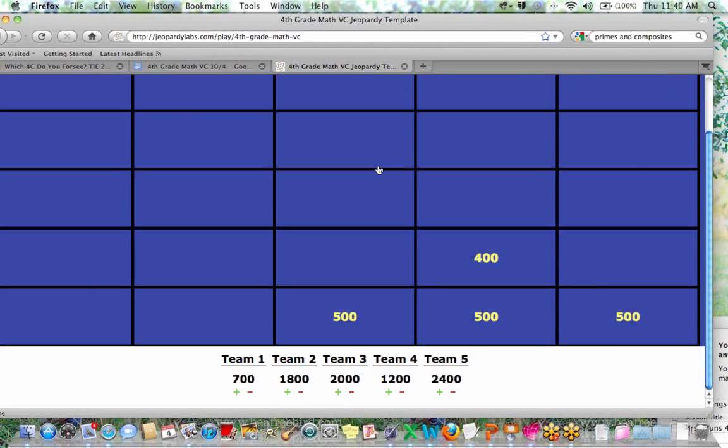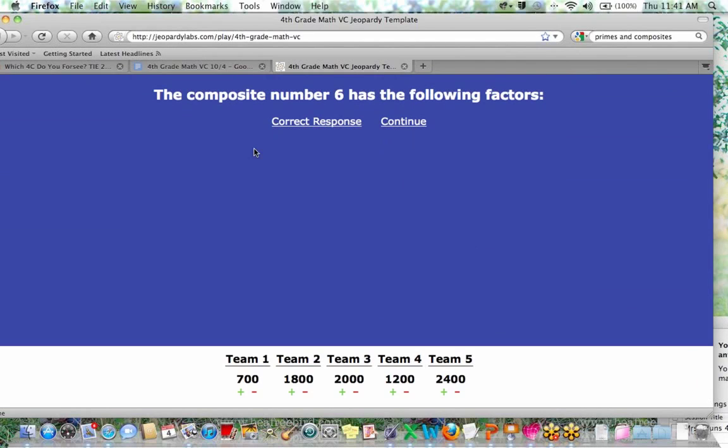Rock on. All right, primes and composites for 500. The composite number 6 has the following factors.